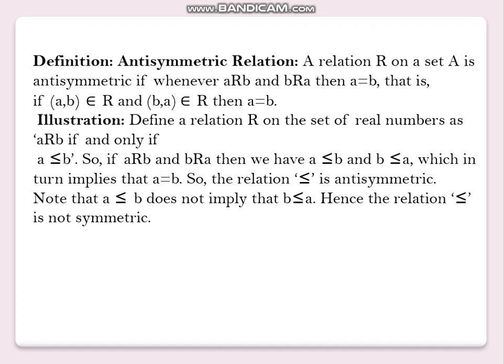Consider the relation less than or equal. If A is less than or equal to B and B is less than or equal to A, it always implies that A is equal to B, and therefore the relation is antisymmetric.